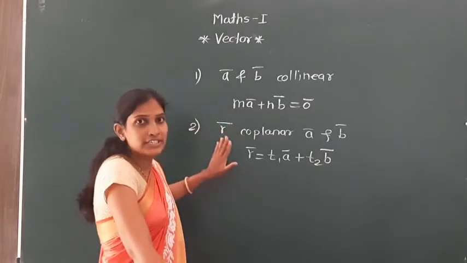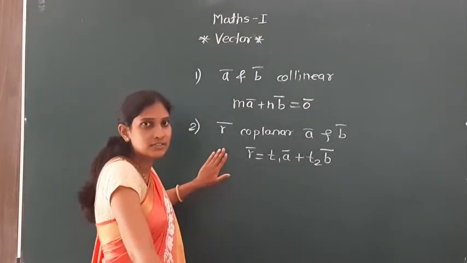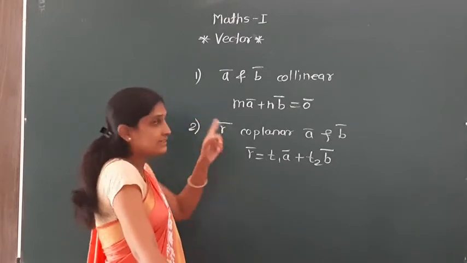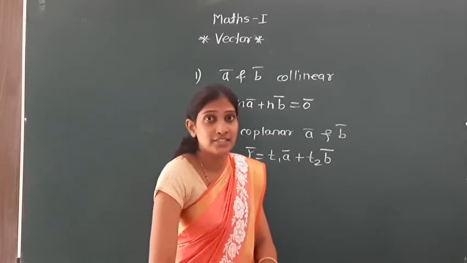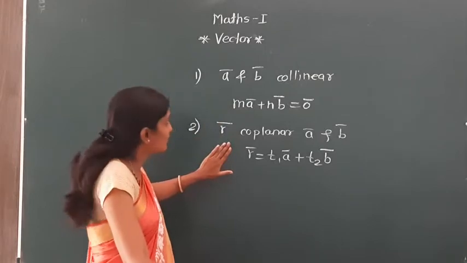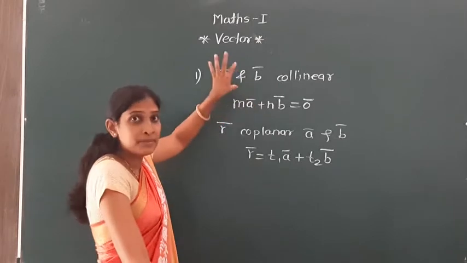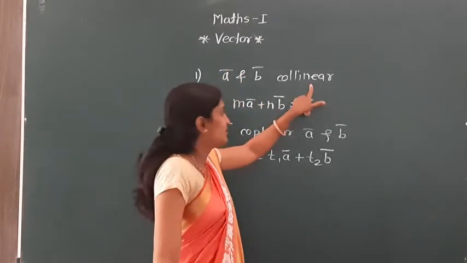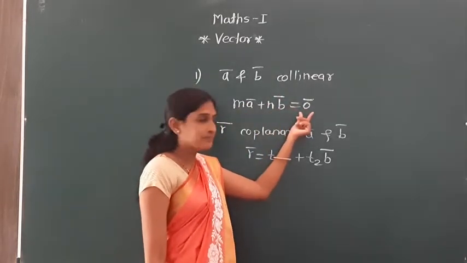We studied these two theorems and we have these two statements. We have to know these two statements because in the third theorem, which will be studied in this lecture, we use these two statements. First, if a bar and b bar are collinear vectors, then m a bar plus n b bar is equal to 0 bar.